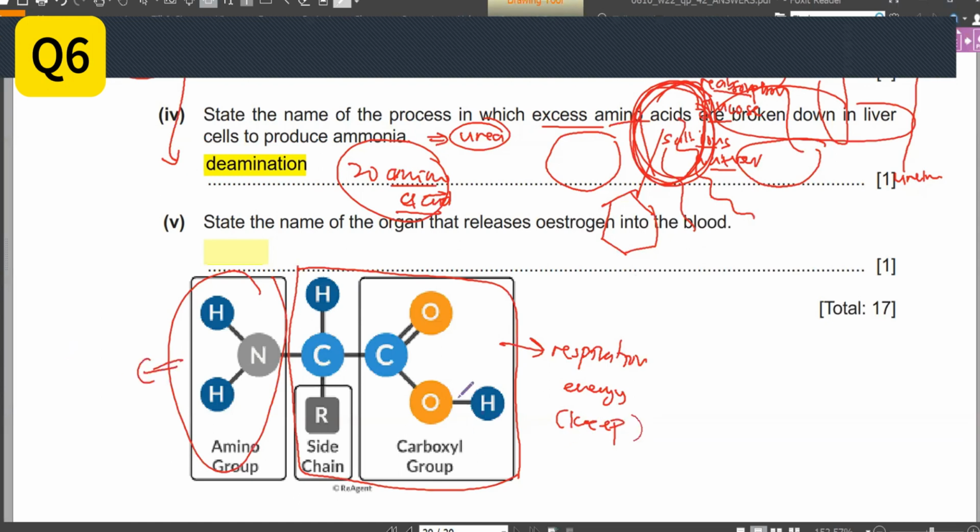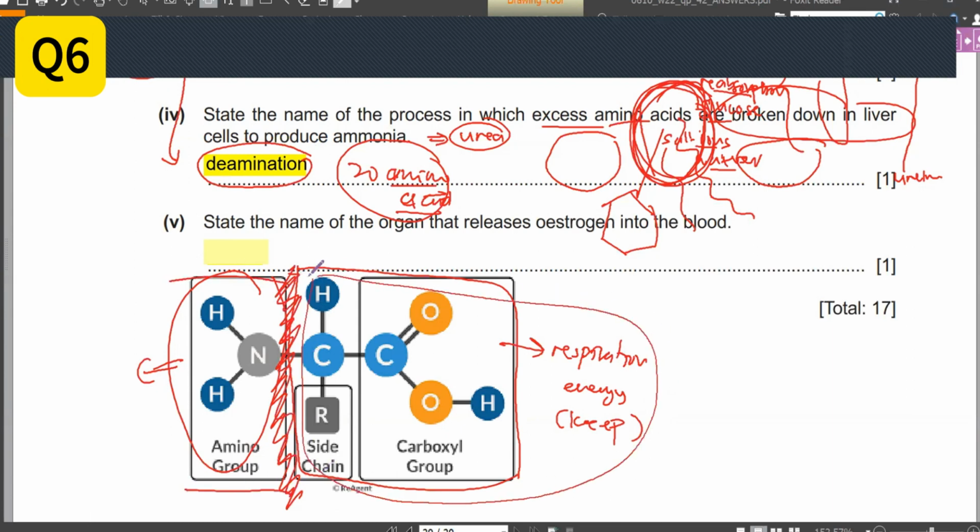The idea of deamination is to remove the amine group. In the liver, it will remove this amine group and keep the other part, which we can later use for respiration for energy. The amino group will be cut off and then turned into urea.